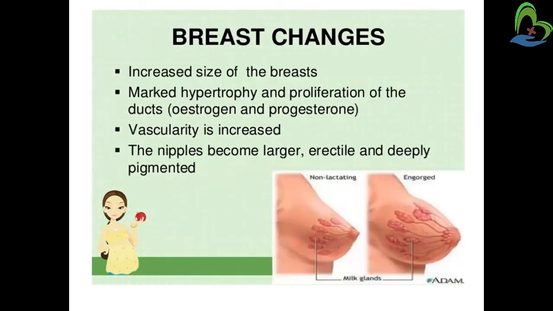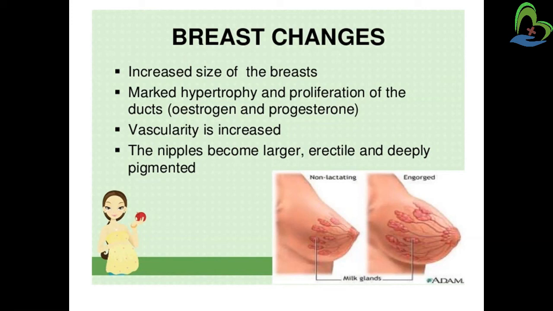Now, breast changes noticed during pregnancy include an increase in the size of the breast, marked by hypertrophy and proliferation of the ducts present in the breast. The vascularity is increased in the breast area, that is, an increased supply of blood.